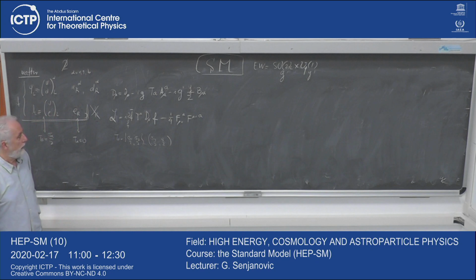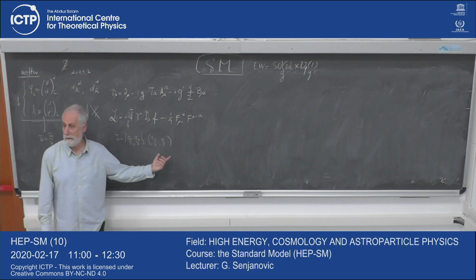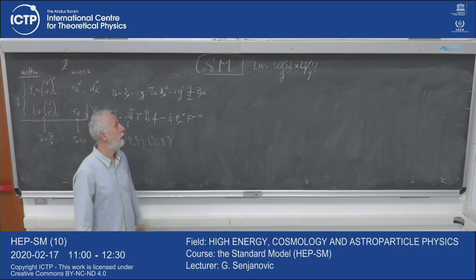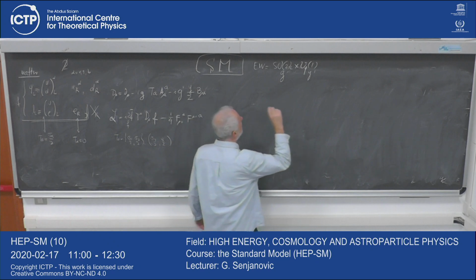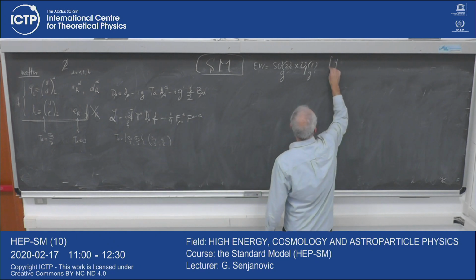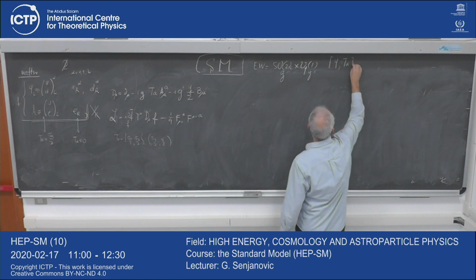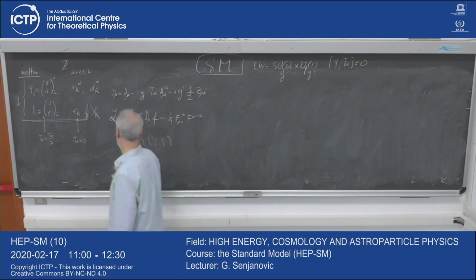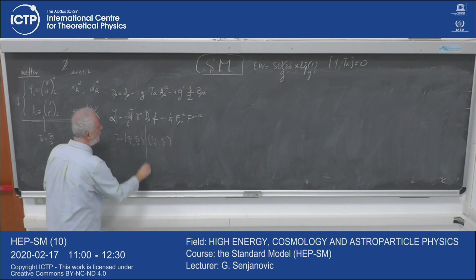I will treat them separately. Why? Because these are diagonal. This is by definition diagonal. Remember, it commutes with the gauge SU(2) group. So that's what I mean, that hypercharge commutes with TA. It's just a number. Sigma 3 is diagonal. So we will treat them separately.